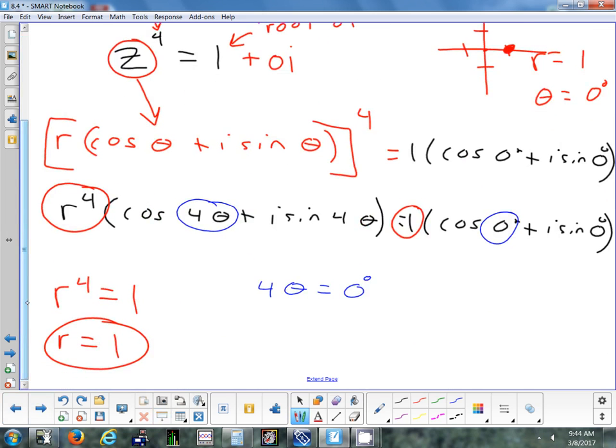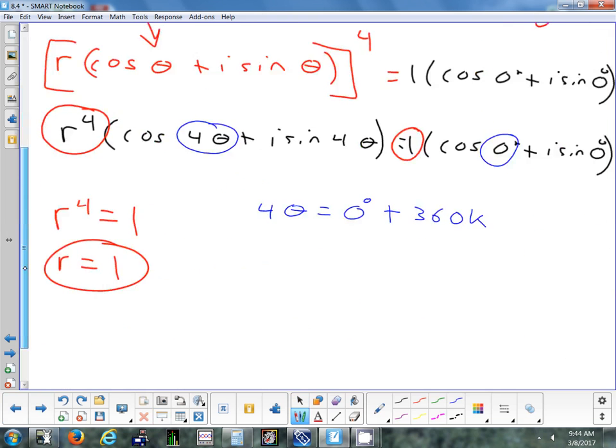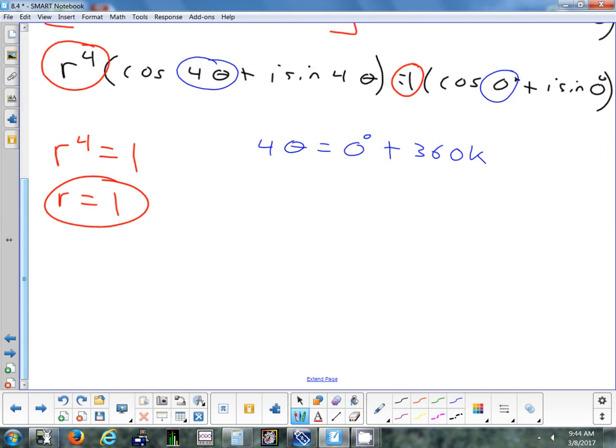So what would I put right here? 360 times k. Now, to write our final answer, we have to know how many answers there should be. What root are we doing? We're doing a fourth root. So how many answers should we get? 4. In every answer, you're going to have a radius. The radius is going to be exactly the same in every answer.